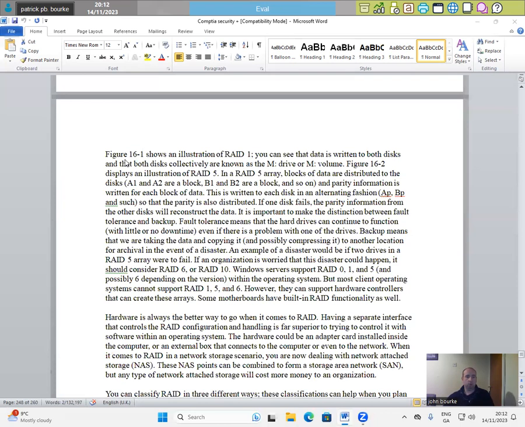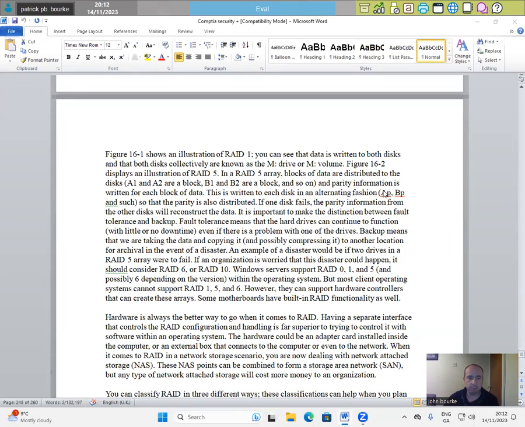Figure 16.1 shows an illustration of RAID 1. You can see that the data is written to both disks and that both disks collectively are known as the M drive or M volume. Figure 16.2 displays an illustration of RAID 5. In a RAID 5 array, blocks of data are distributed to the disks. A1 and A2 are a block, B1 and B2 are a block, and so on.